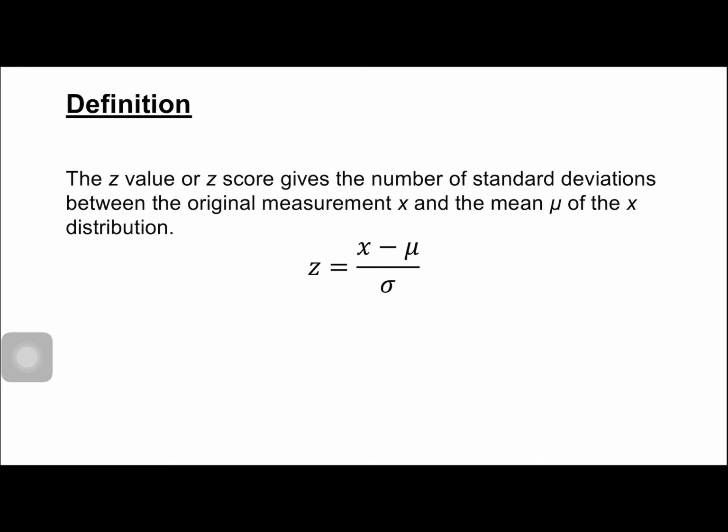So the z-value or z-score gives the number of standard deviations between the original measurement x and the mean mu of the x distribution. This is the formula that we are going to use. We have there z is equal to x minus mu over sigma.